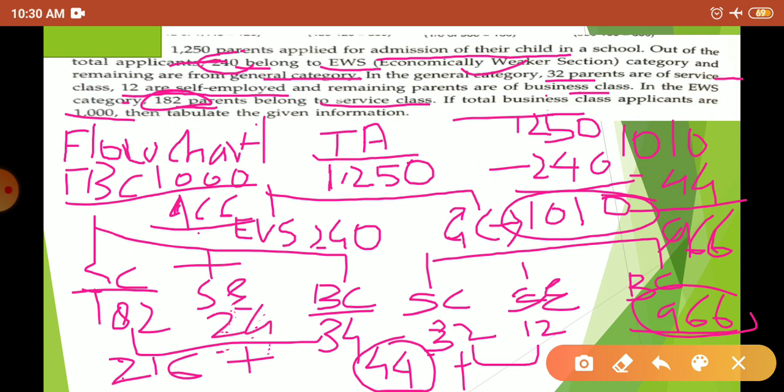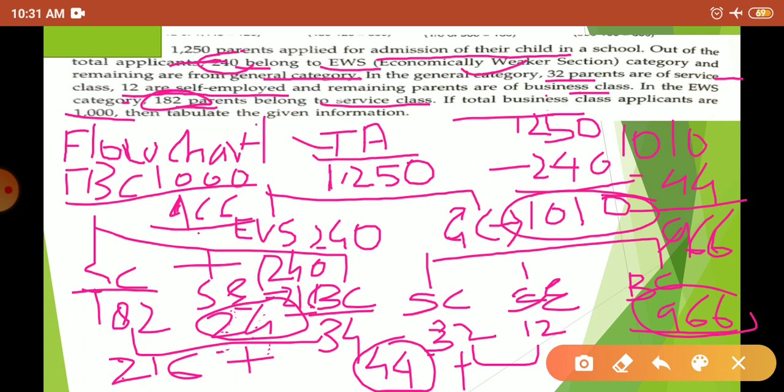How did we calculate it? By subtracting 240 minus 216. In this way we get 24, and this flow chart has been completed. So, one more time, revision.